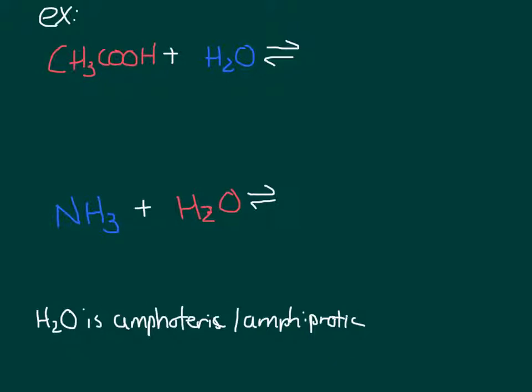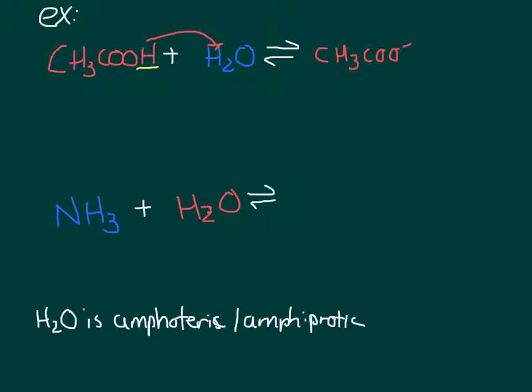Here are a couple of examples we're going to work through. So we have an acid, CH3COOH. How do I know it's an acid? It has that H with it. And then we have H2O, which we're mixing it with. So CH3COOH is going to donate an H to water. When that happens, our dissociated form of that acid is CH3COO-. We take the H from COOH because that is a carboxylic acid. Therefore, it's an acid, and that's where we need to take the H from.